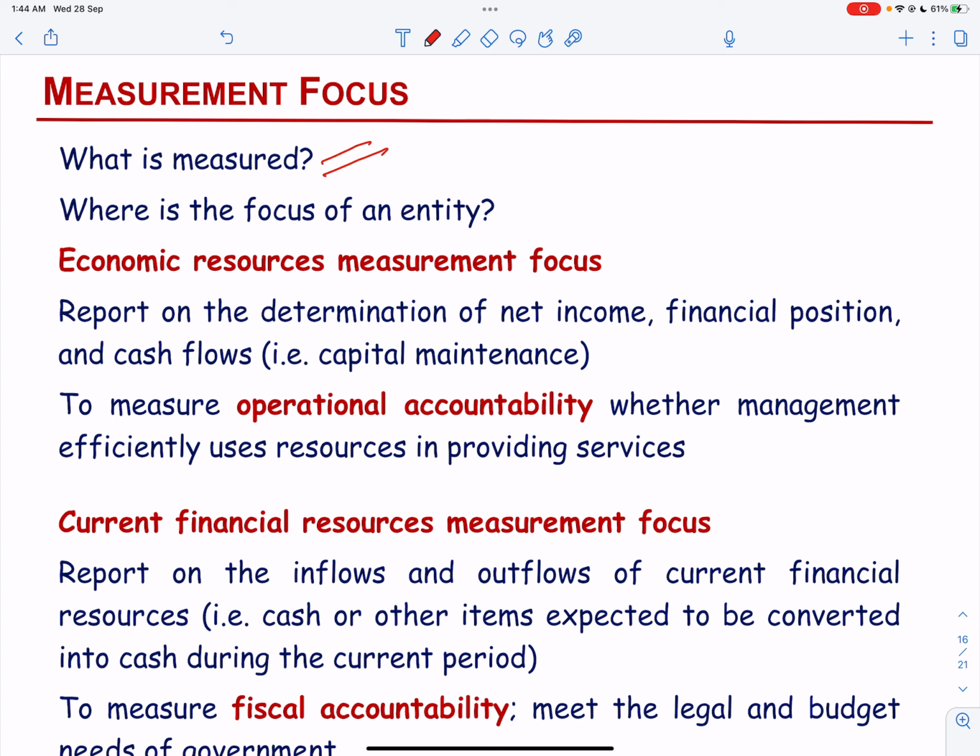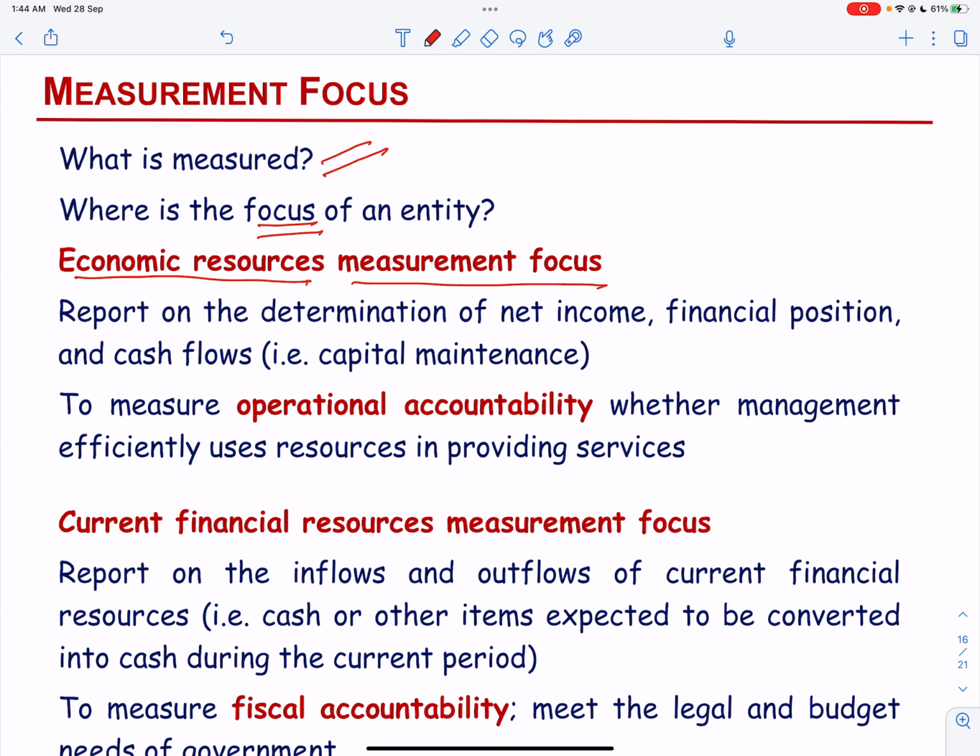Next, where is the focus of an entity? Recall that each fund is treated like a separate legal entity. So, the entity is the fund, and the focus of the fund is economic resources, that is called economic resource measurement focus.